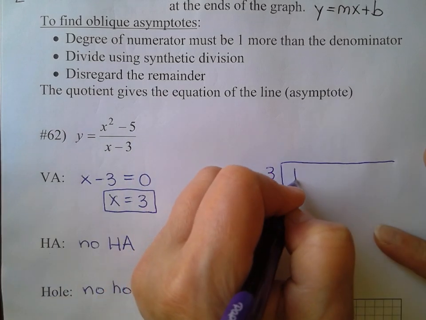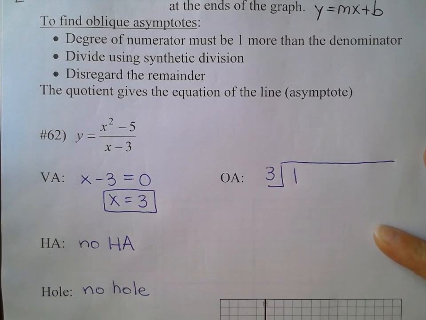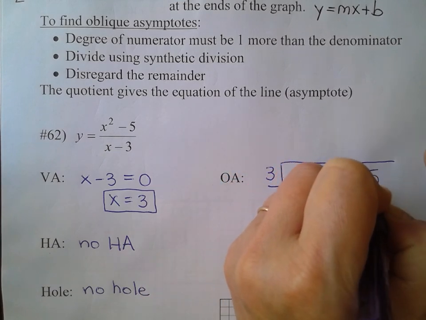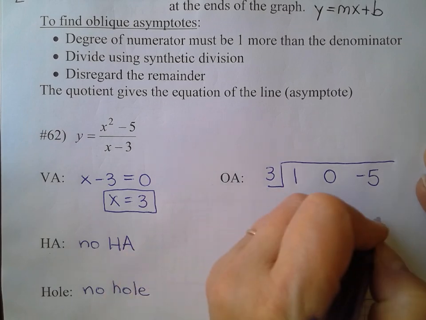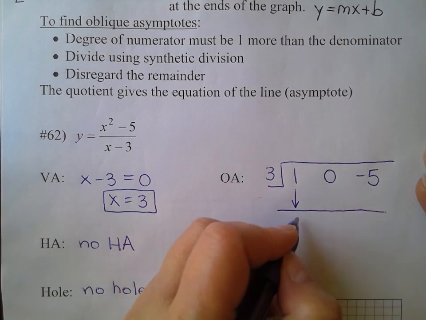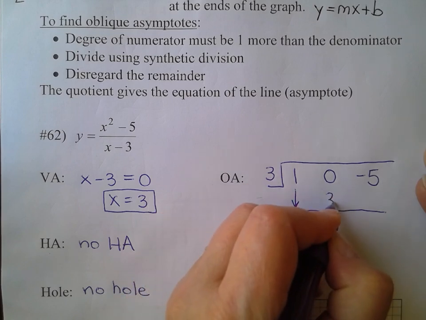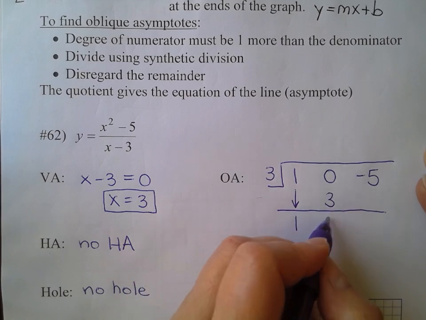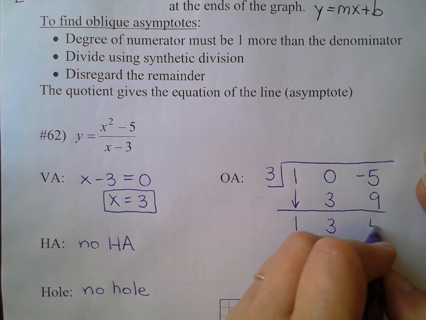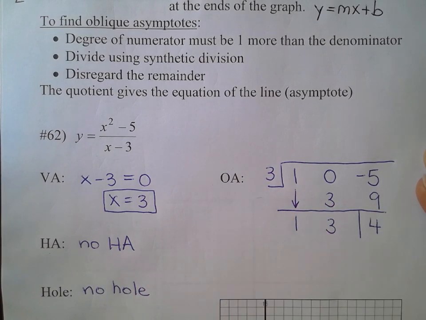So we have 1 for the x squared, 0 for the x, and -5 for the constant. We're going to bring down the 1, multiply by 3, and add down. Multiply by 3, and add down.